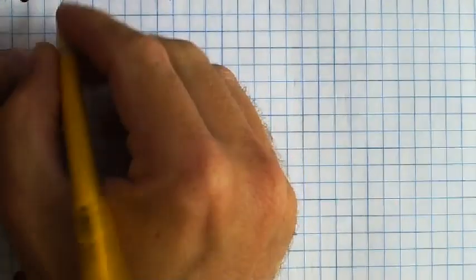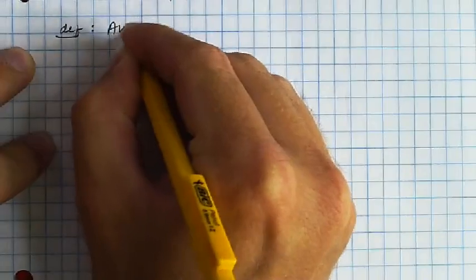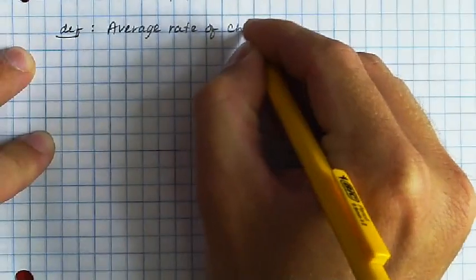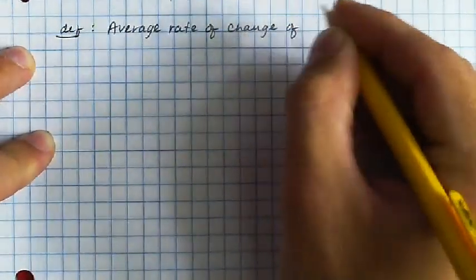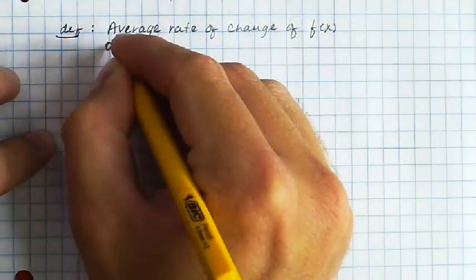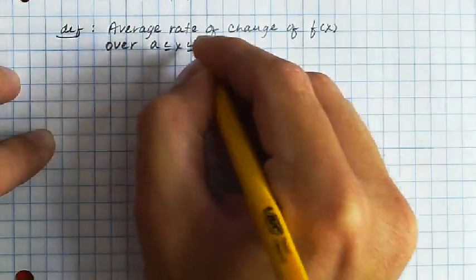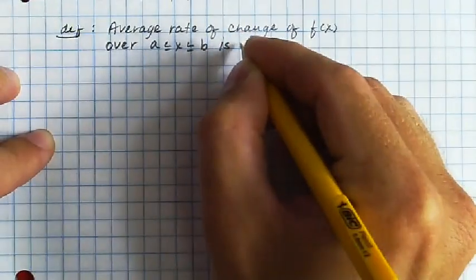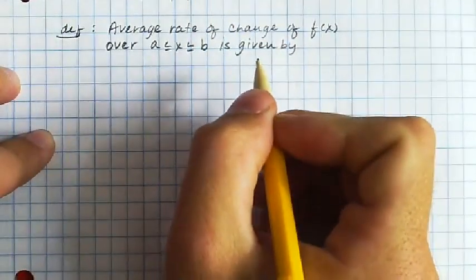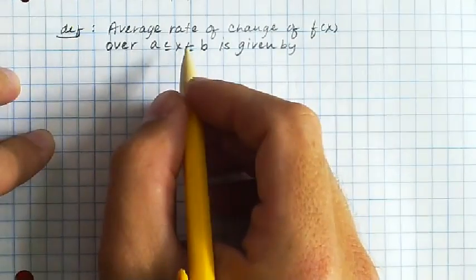So, we're going to say that the average rate of change of a function f over some closed interval, say a to b, is given by, we're going to define it to be, well, the change in f divided by the change in x, right?